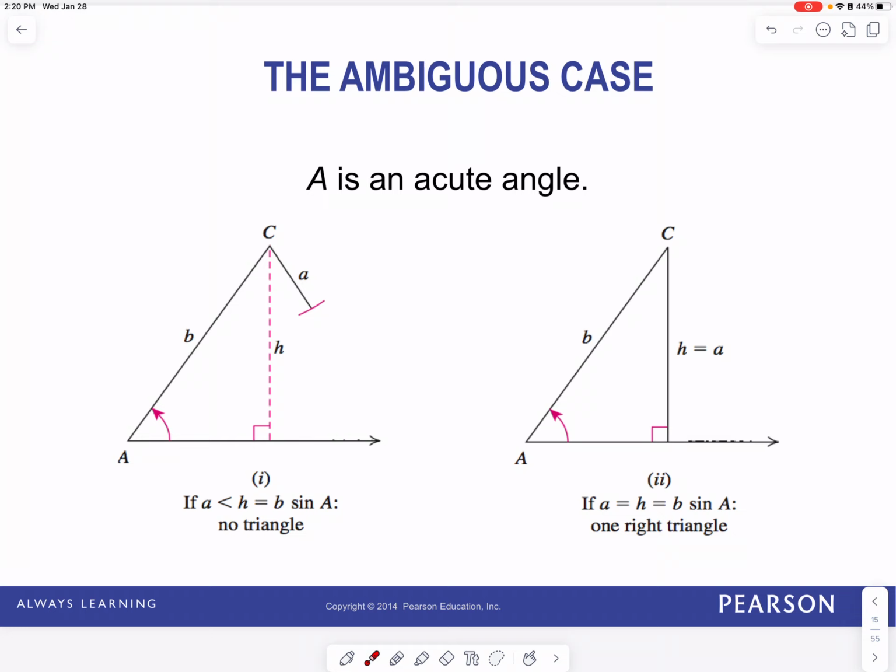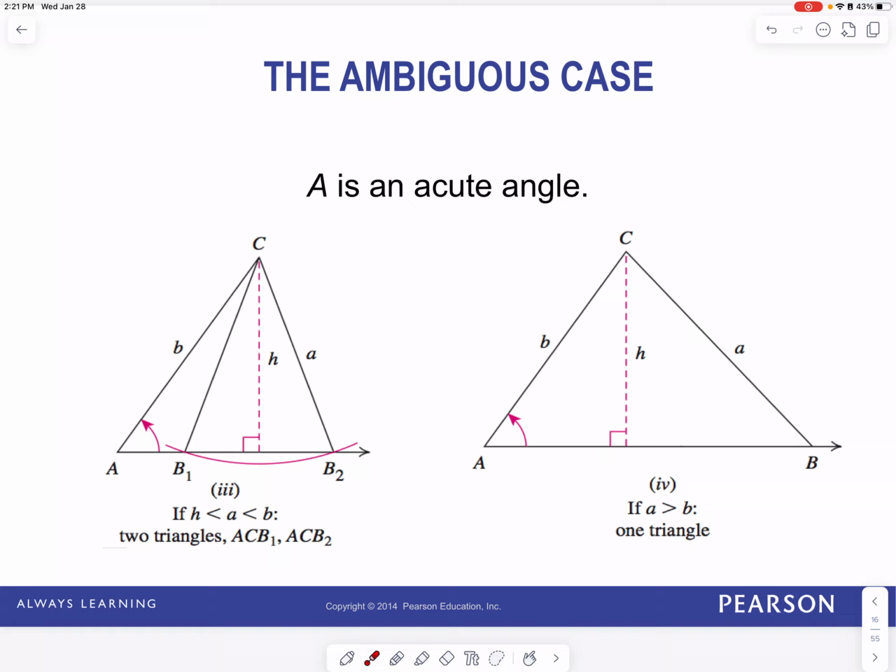You have to compare: if side A is less than our H, so we do have to find our H, then there's no triangle. If side A is equal to H, then there's going to be one right triangle.